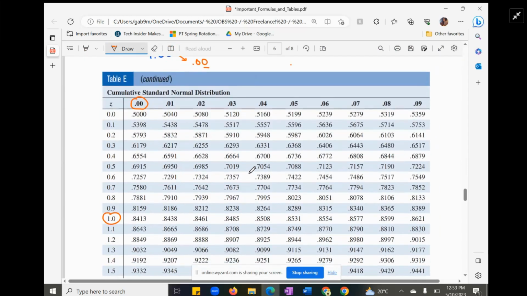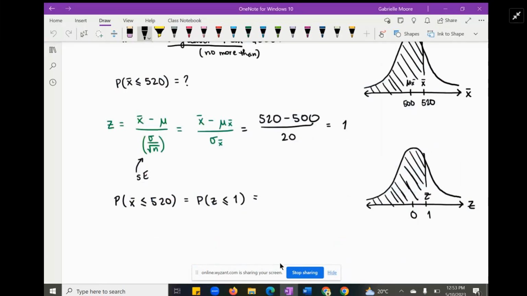So when you add those two together, you get back the z-score. And where they cross is our area, which is 0.8413. So there's our probability, right? The probability is going to be 0.8413, or if you want to write it as a percentage, 84.13%.